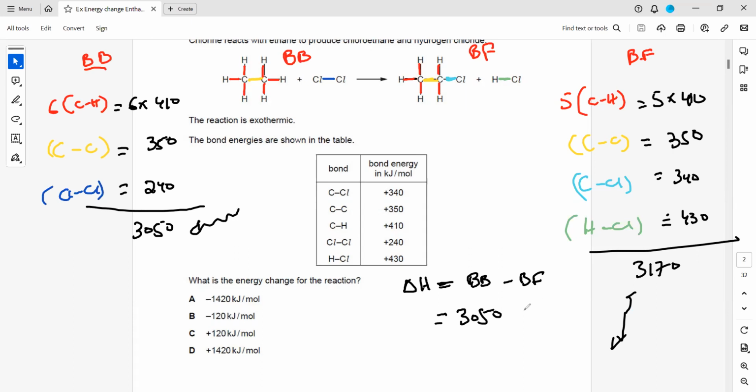And the bond forming energy is 3170. When we substitute, we get minus 120. So what's the right answer? The correct answer for this one is B. Bond breaking minus bond forming will give us the energy change. Is it clear? Anyone having a doubt?